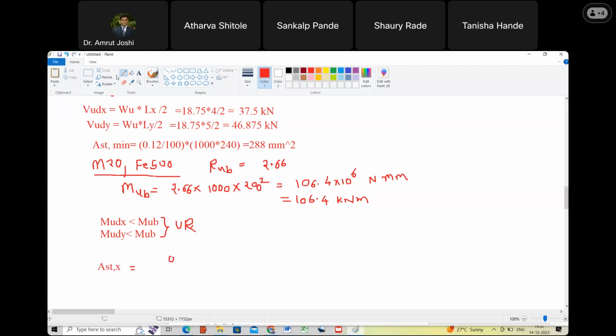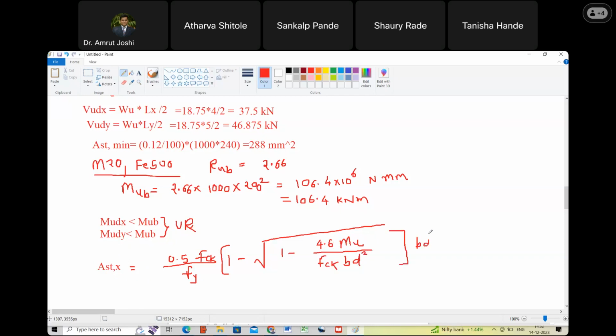Let me write down: 0.5 fck upon fy into bracket 1 minus square root of 1 minus 4.6 Mu in Newton mm divided by fck bd square, and outside this you are going to have bd, isn't it?